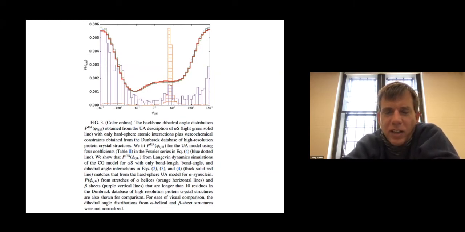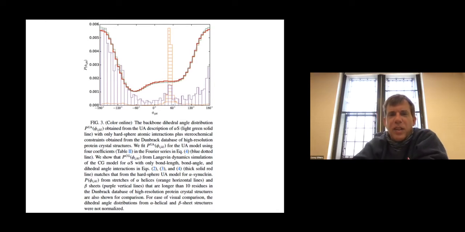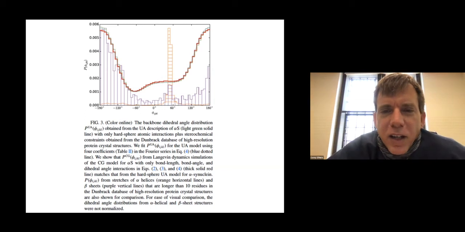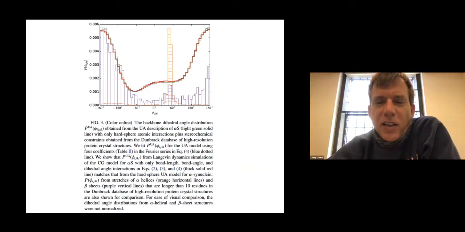And you see that the distribution from the intrinsically disordered proteins that are just fluctuating comes mainly from beta sheet content, which is the purple-blue part of the distribution, and the alpha helical content is the orange.